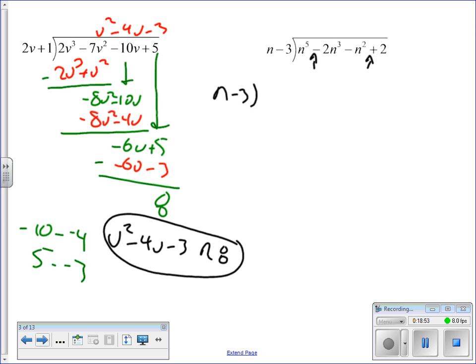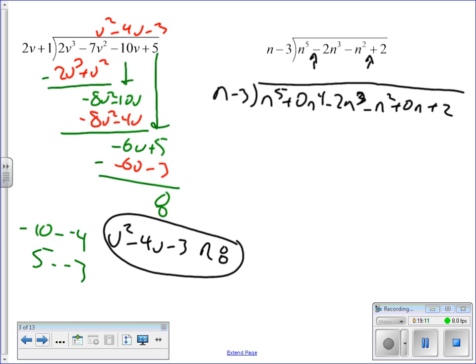N minus 3 into n to the fifth plus 0n to the fourth minus 2n cubed minus n squared plus 0n plus 2. You have to have every power represented.